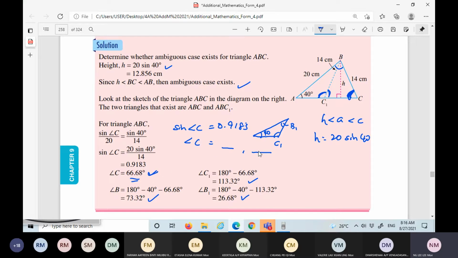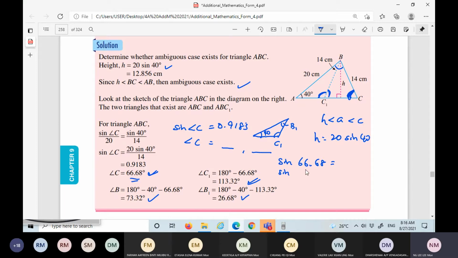The other answer is this one. Why do I say so? This is because when you press shift sine, you have two answers, 66.68. After we try, you should get 0.9183.